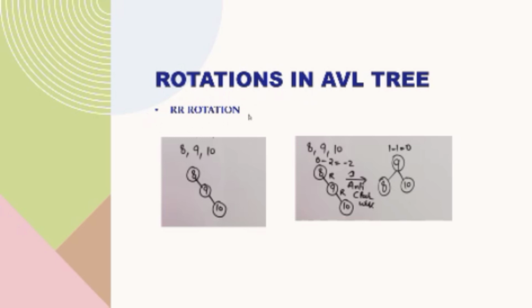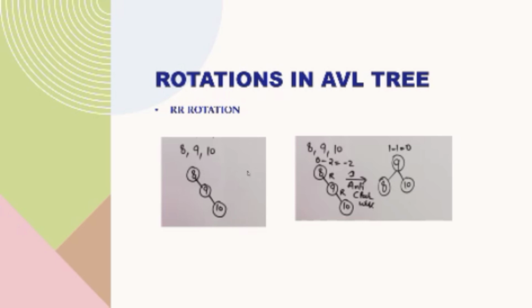One such rotation is RR rotation. As mentioned in this example, there are three elements 8, 9, 10 which are arranged in the form of a binary search tree. If you observe here, the balance factor of the root node 8 is minus 2, which is not acceptable for an AVL tree.